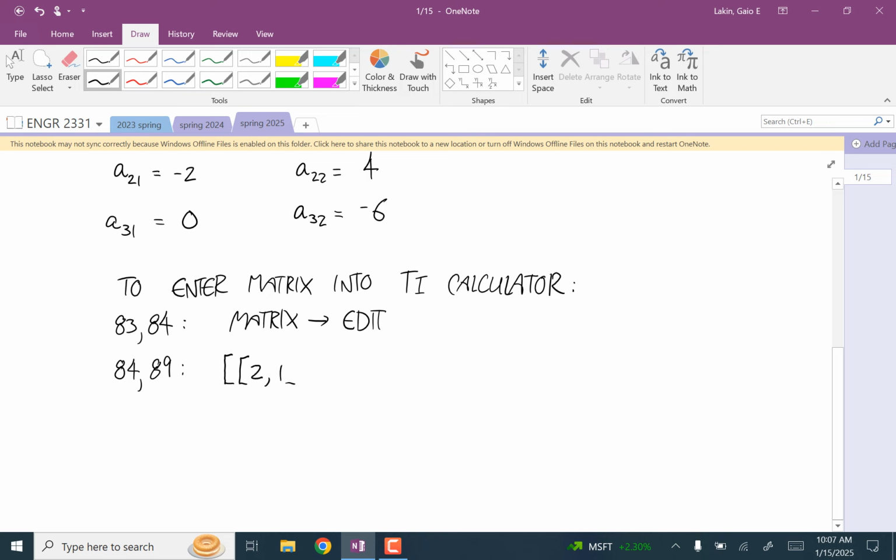So 2, 1 is the first row. Then the second row is -2, 4. Then the third row is 0, -6. Square bracket to end the third row, and then another square bracket to end the matrix.